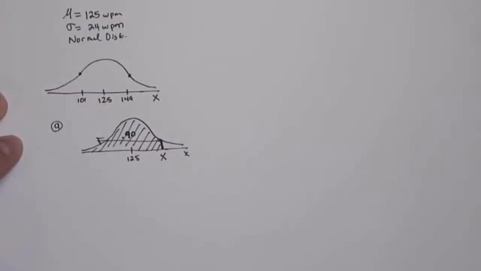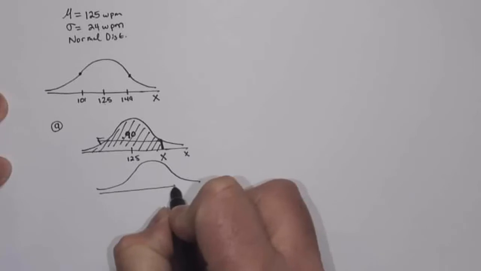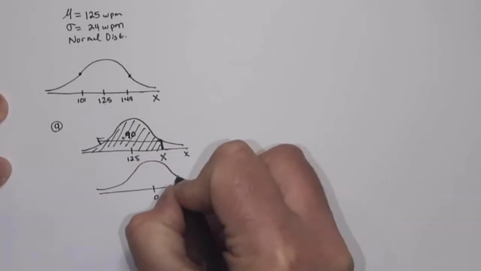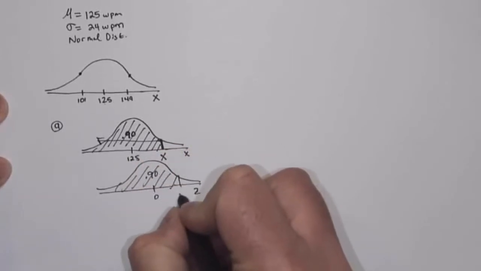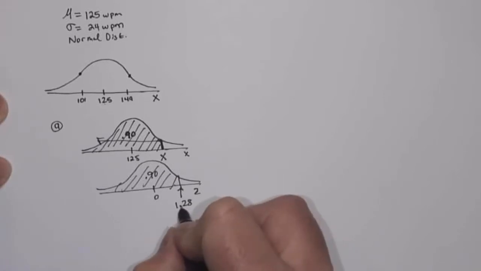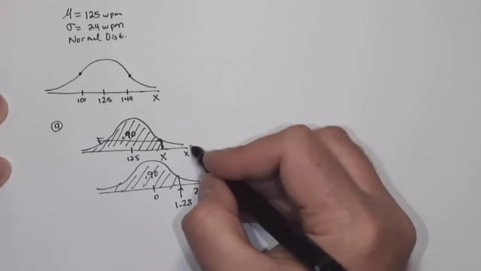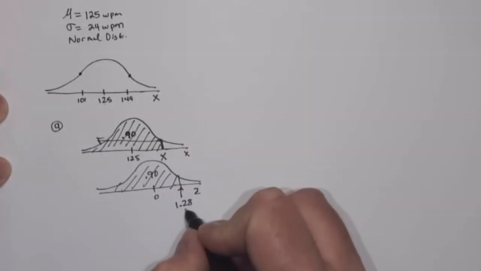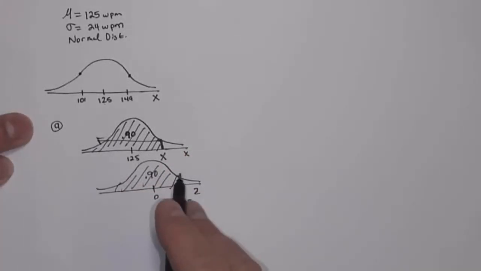Okay? So if we were looking at the standard normal distribution instead of this distribution, the mean would be here. If this area is 90%, then this z-score would be 1.28. So likewise, this area is 0.90, and so we can go in reverse. We're going to take this z-score and change it into our raw value x.